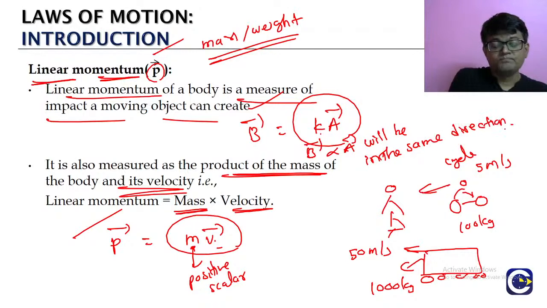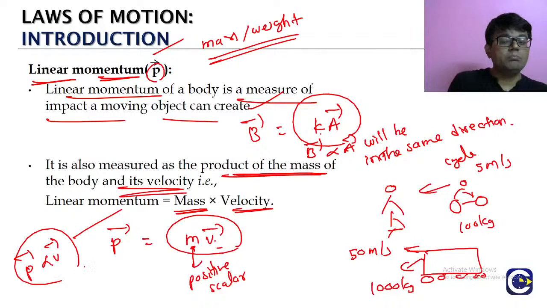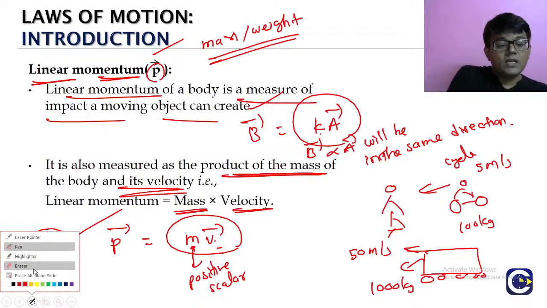Which means that here the linear momentum and velocity both will be in the same direction. Linear momentum and velocity both will be in the same direction. So this is the idea of linear momentum.